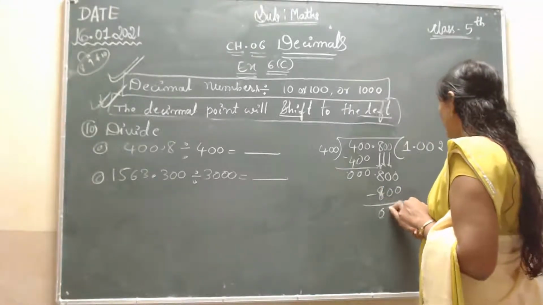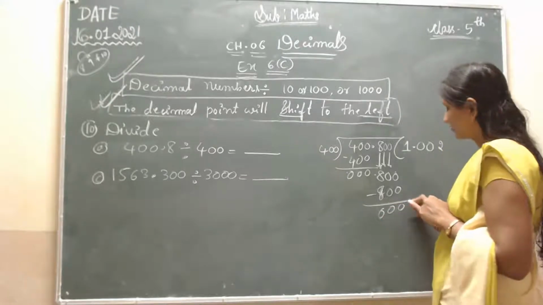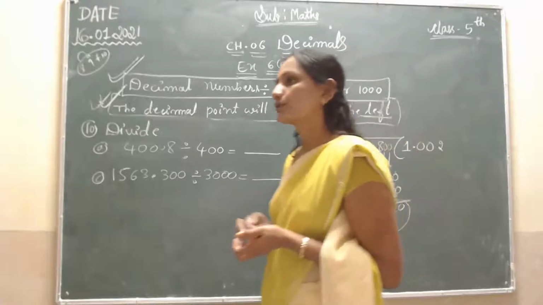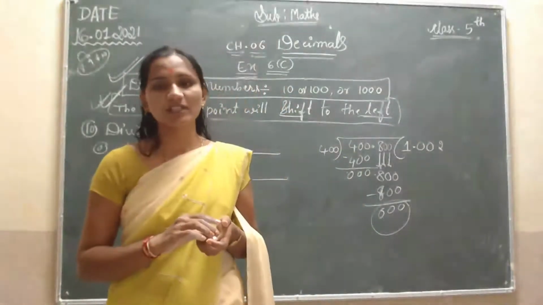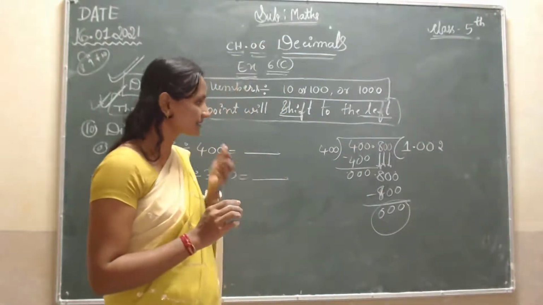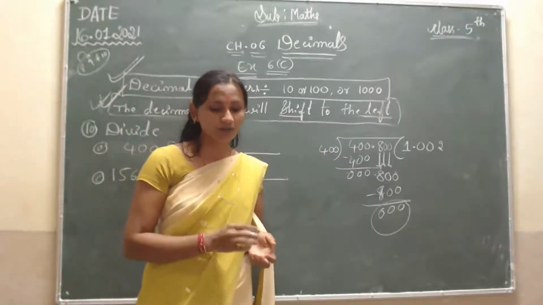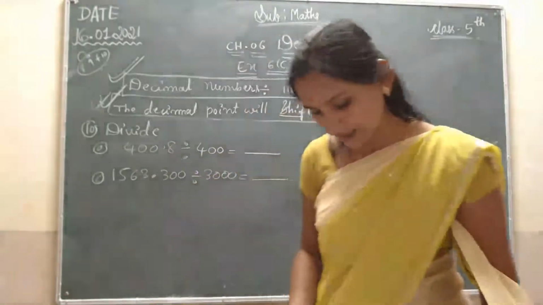How to do the subtraction? The remainder we will get is 0. So the answer is 1.002. You have to consider that the quotient, that is the result.